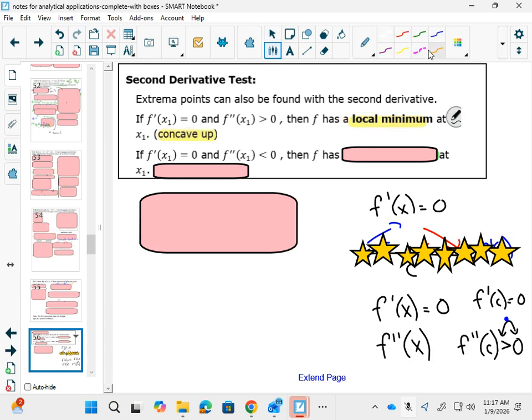Okay? So if it's concave up, oh, I went greater than 0 and I drew it the wrong way. I'm sorry, I'll just do a little erase. There we go. Concave up would be a minimum.